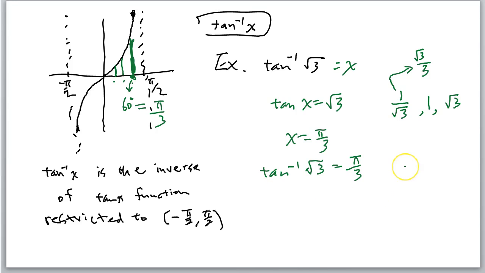Okay, to evaluate the inverse function of the reciprocal functions is also done in a similar manner. Let me just do one more, just to show you how to do the inverse function of the reciprocal function. So, for example, let's say you had secant inverse of 2.